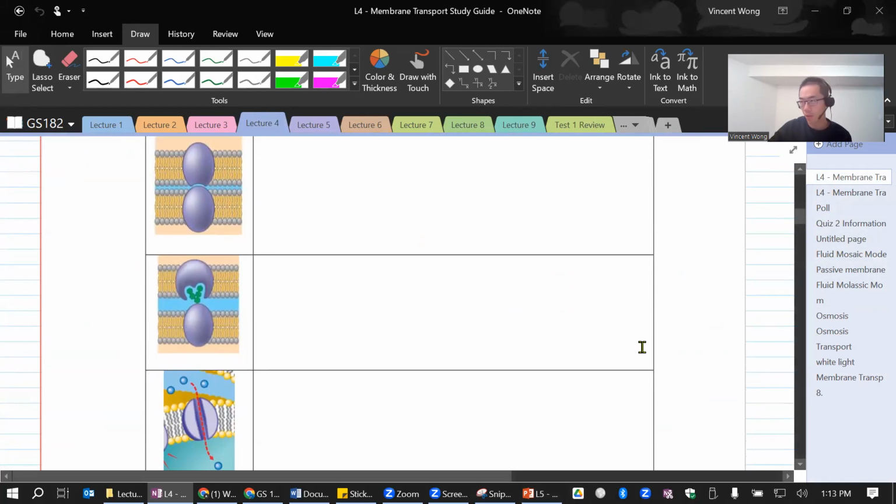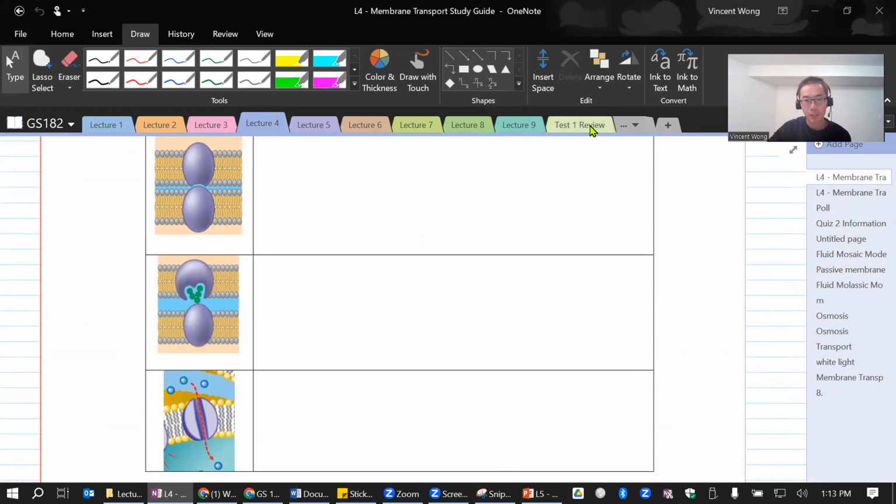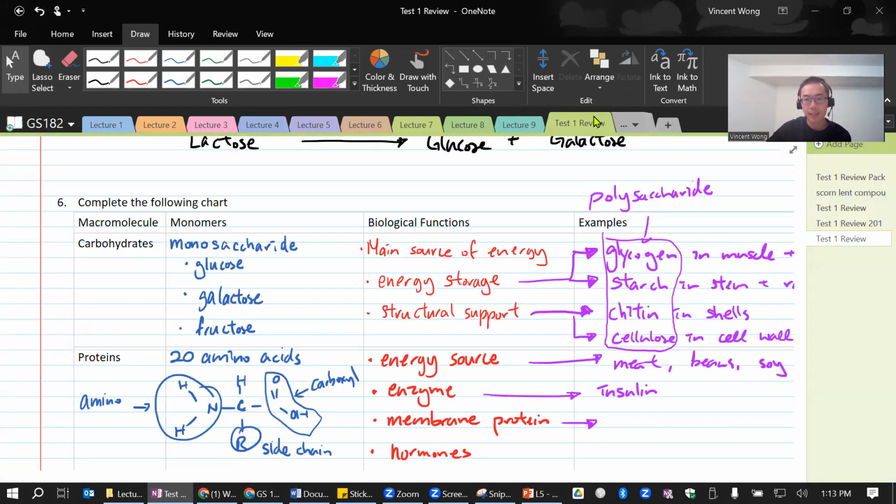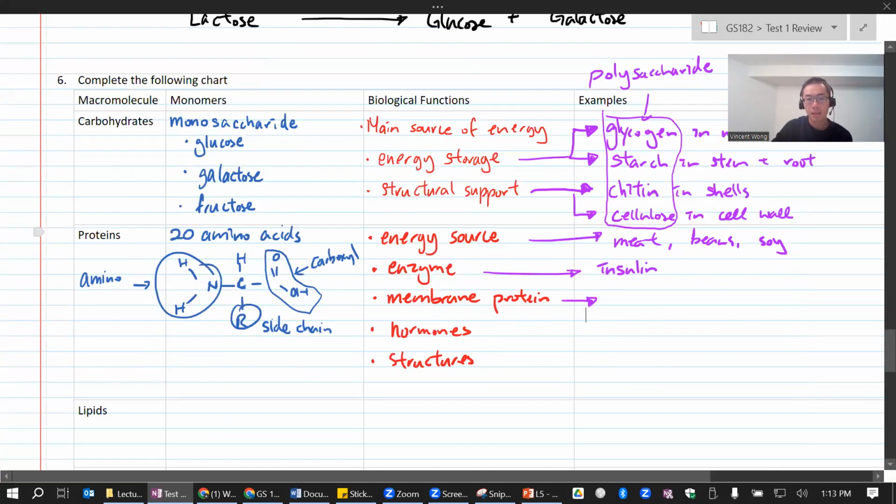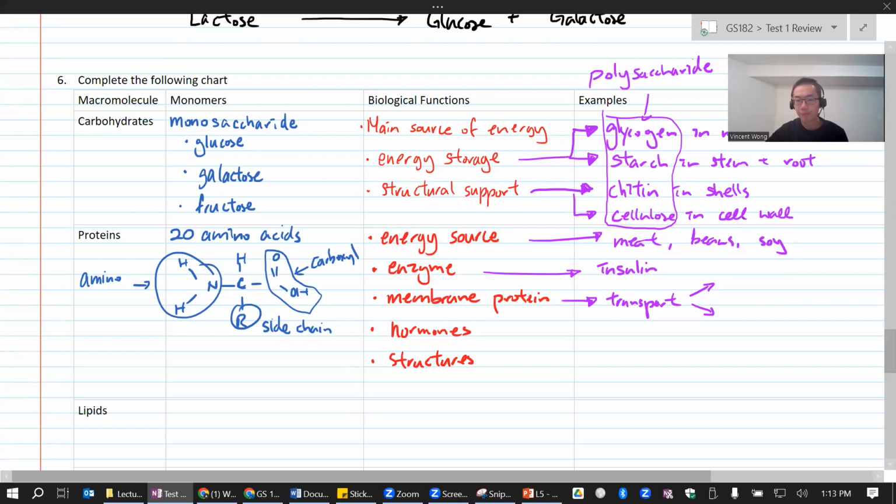So all these are functions of membrane proteins. You should probably go through it yourself, but let's say transport. Does anybody remember an example of transport that requires membrane protein?